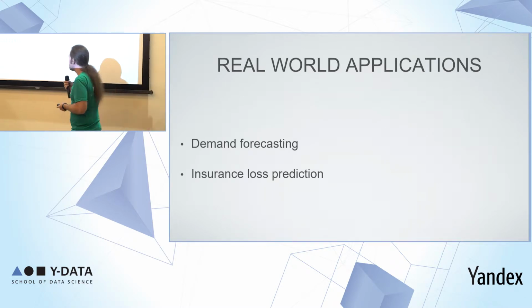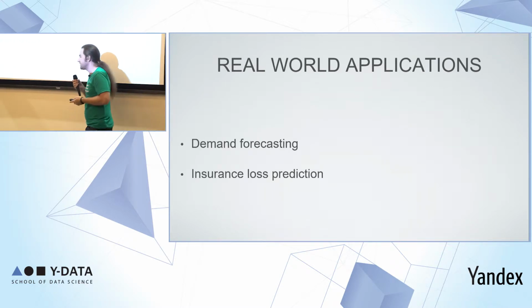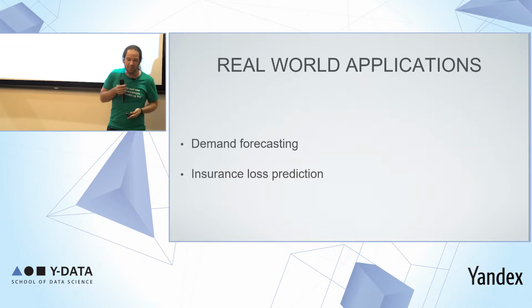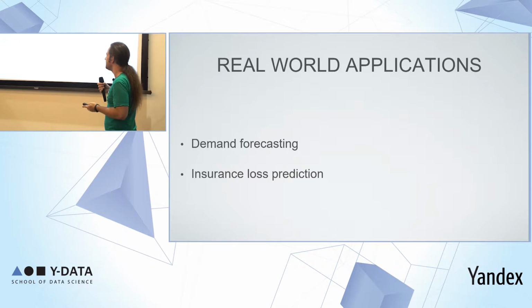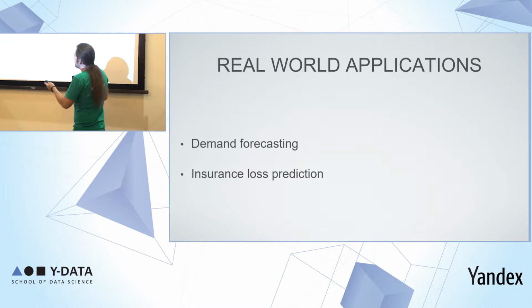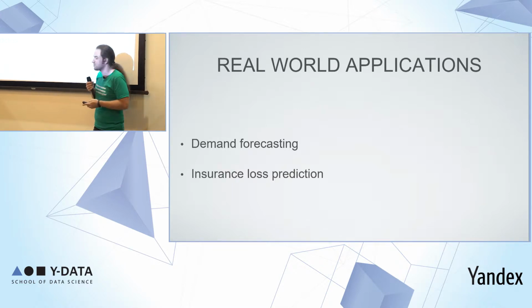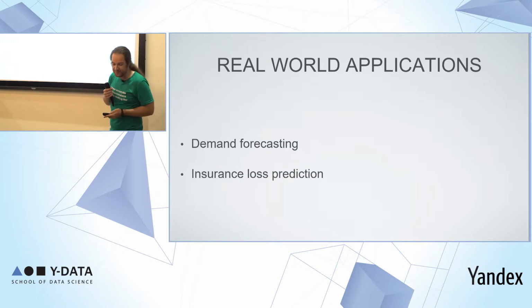So I tried to come up with a couple of examples where mean absolute error is actually used, and this is for sure demand forecasting, and also I know that it's used for insurance loss prediction. It might be more, but that's what I know.